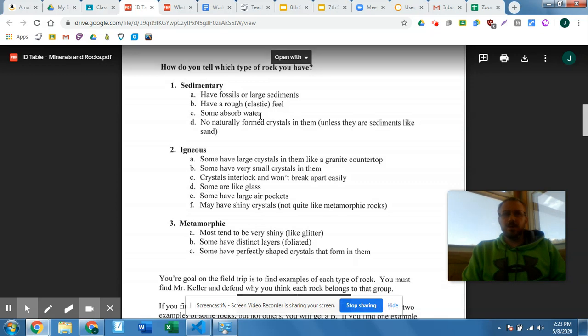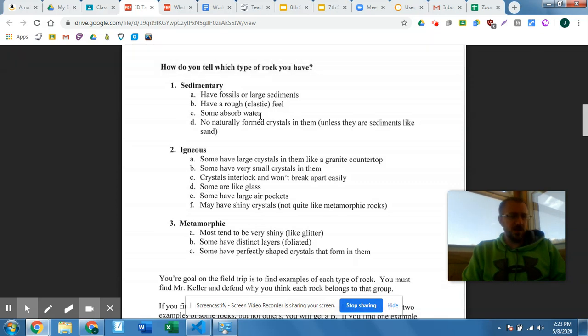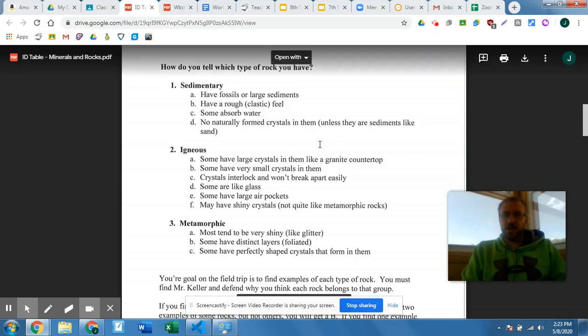Like in North Dakota where I used to live, it was shale, I believe. So shale is a bunch of clay particles stuck together, and they have little tiny pores in there that let water flow through it, like for aquifers and your water supply. Like if you live out of town like I do, you actually pump up water from the ground, essentially. It's in layers of rock, sedimentary rock.